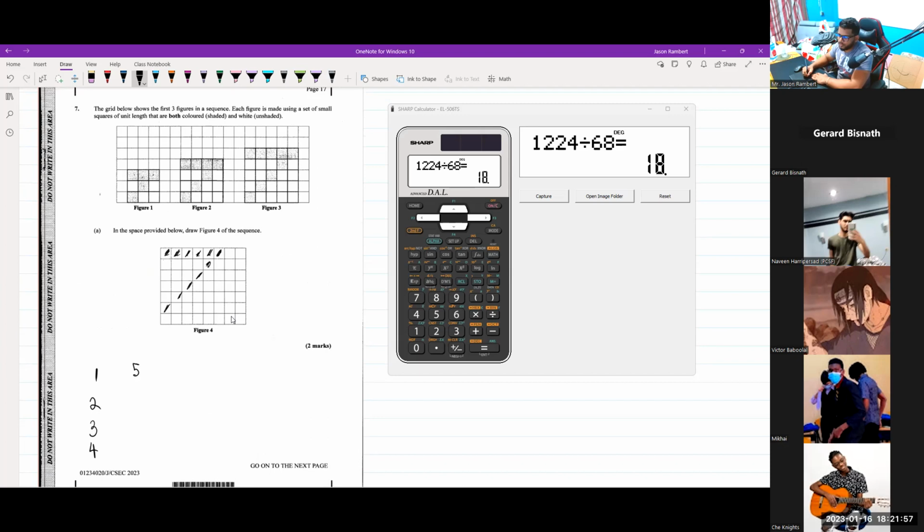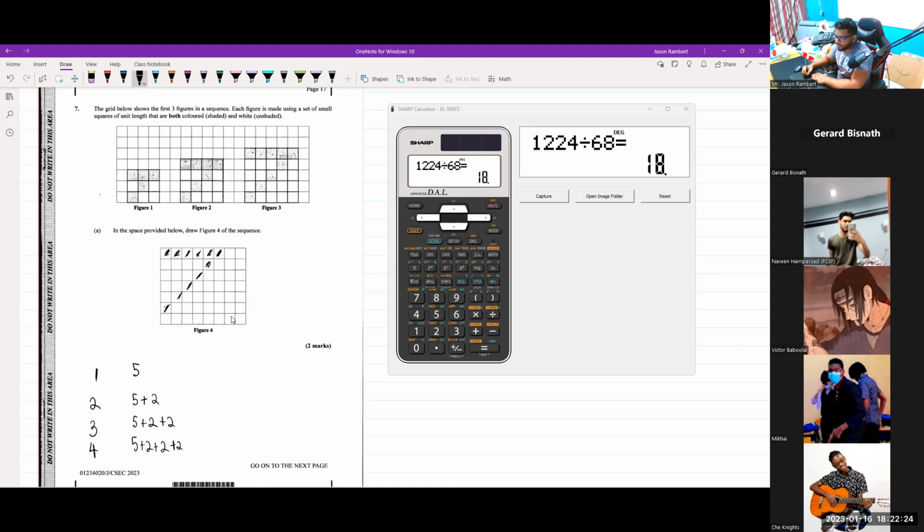For figure 2, it will be 5 plus 2. For figure 3, it will be 5 plus 2 plus 2. For figure 4, it will be 5 plus 2 plus 2 plus 2 again.